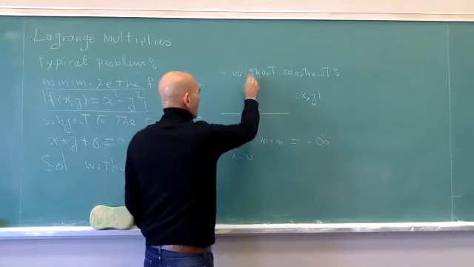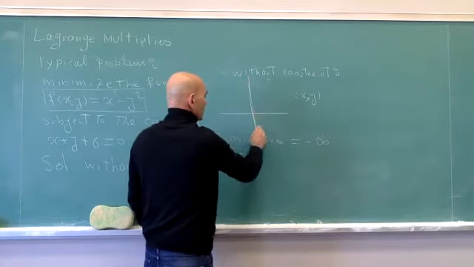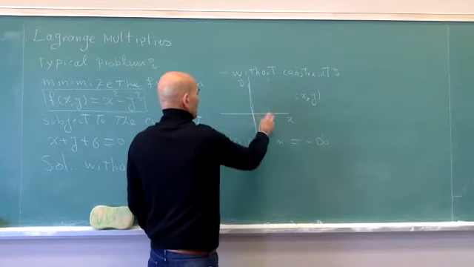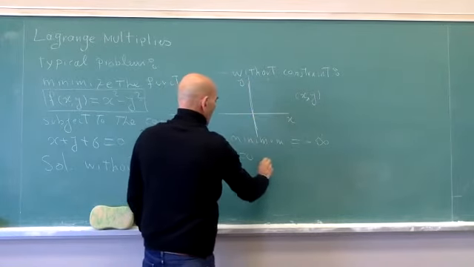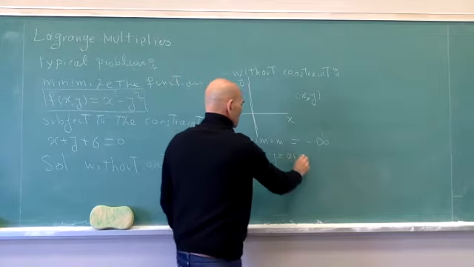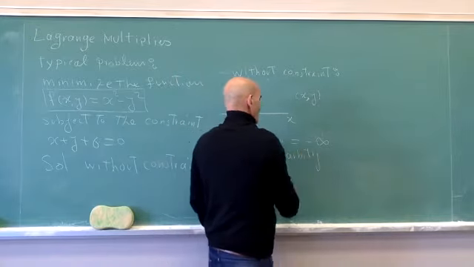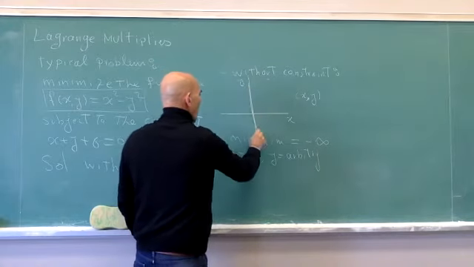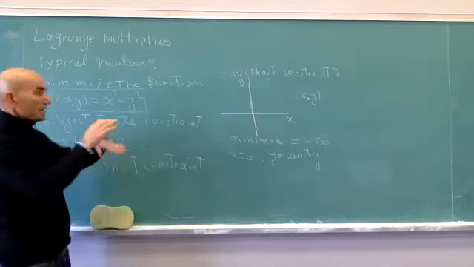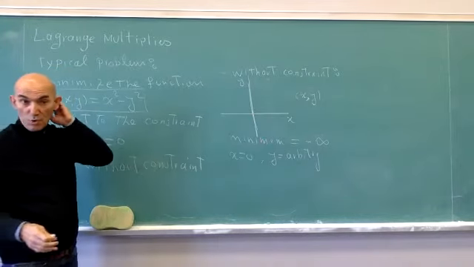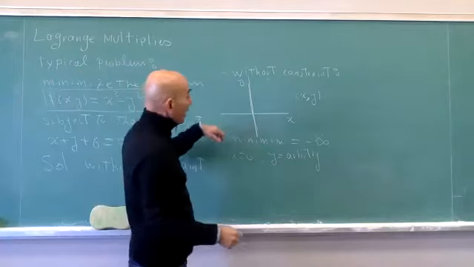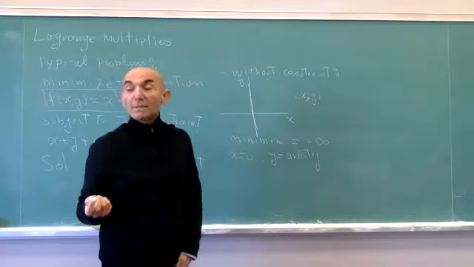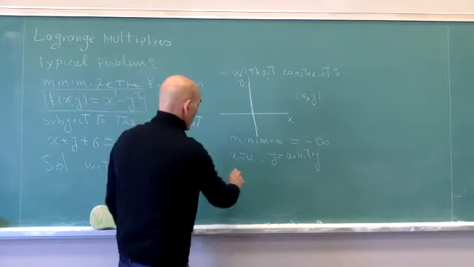So if you stick yourself just to this line, the y-axis, which means x is equal to 0 and y arbitrary, then as you move up or down, this function is going to minus infinity, for sure. So if you don't have any constraint, the problem has no minimum and also no maximum.